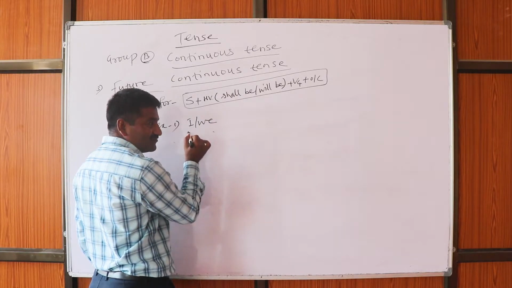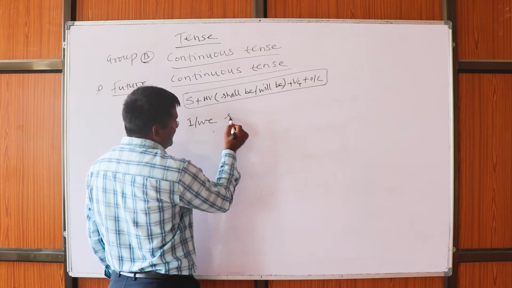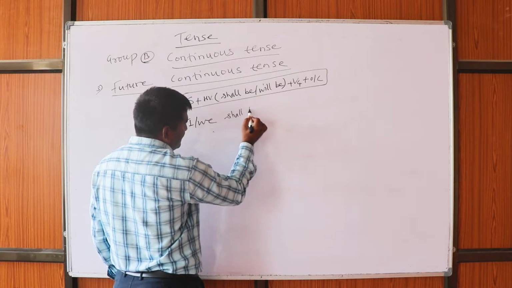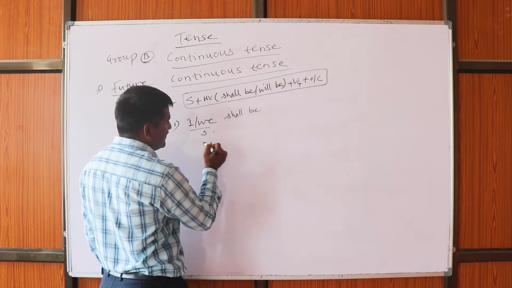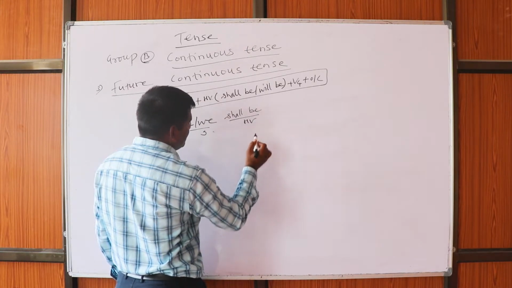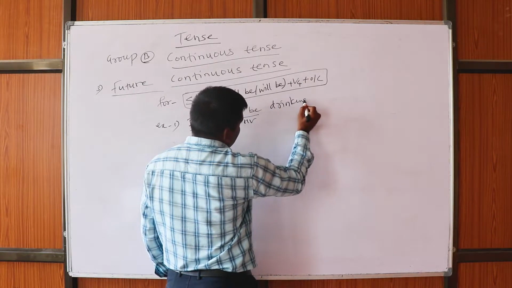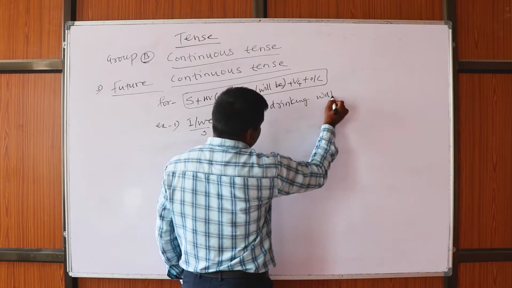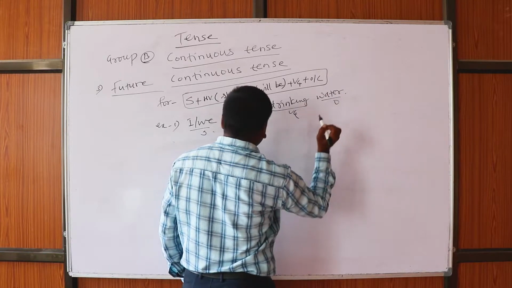I is singular first person and we is plural first person, and they always take shall be. So I and we are called as subject. This is a helping verb, and then this is V4, then this is object.